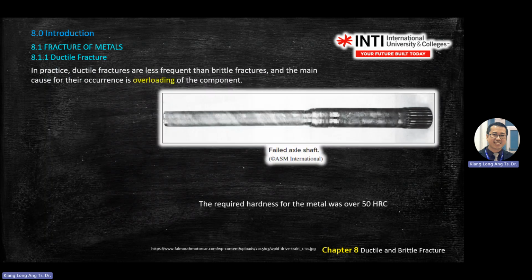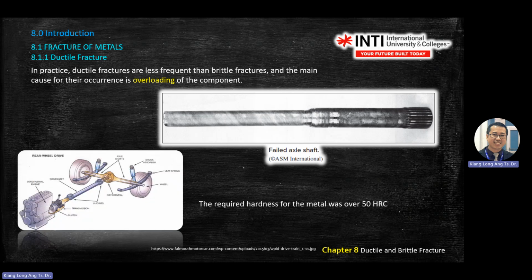So this one, you've also seen the axle shaft, the machine that rotates in the lab. That one is for the axle shaft design. This one failed because of overloading of torque. You see the small lines here because it was over-twisted. This happens in automotive or any shaft.